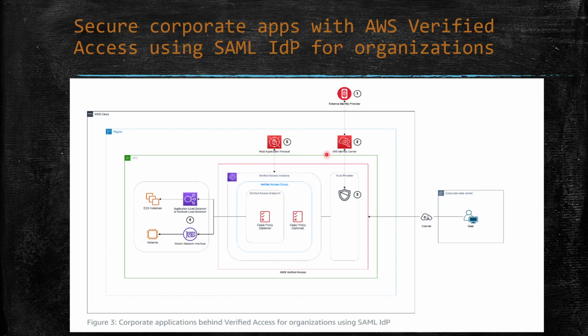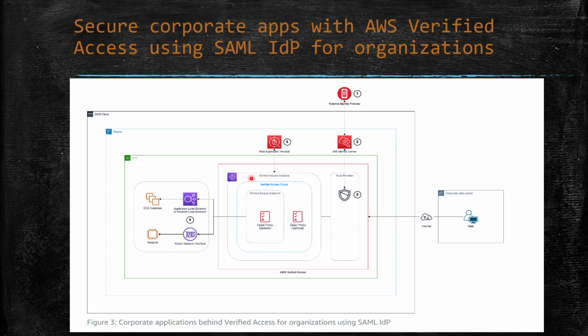Now I also need to talk about the moment Verified Access comes into the picture. How does it look? You still have your corporate data center users who connect to your application, and you have your applications running on EC2 instances, load balancers, or ENIs, and in between we are putting Verified Access. It has two roles.